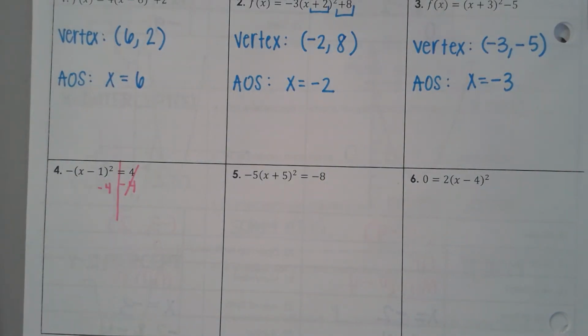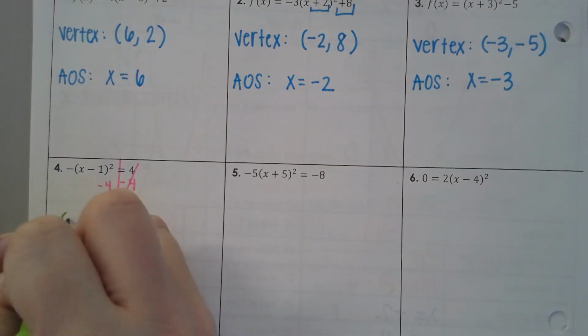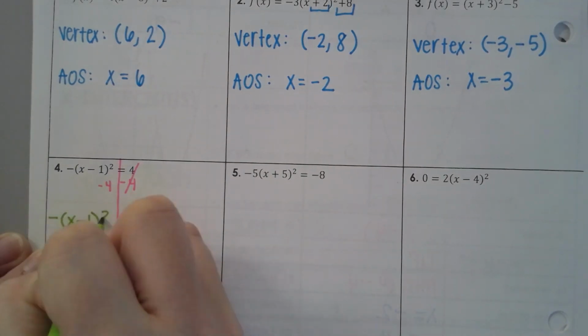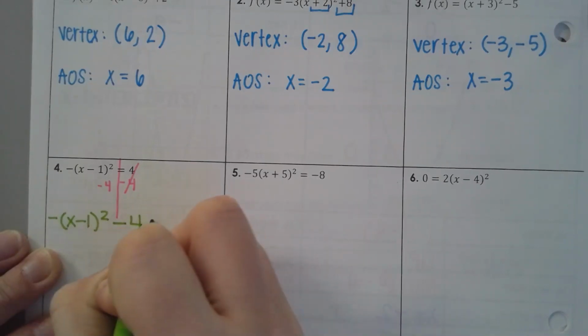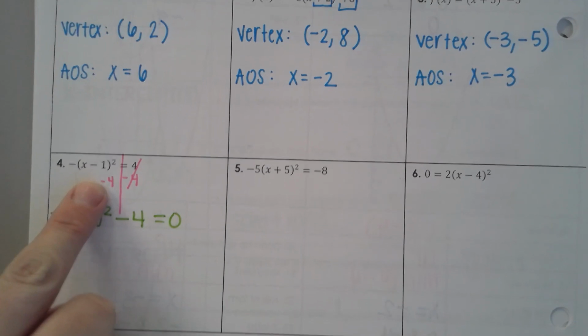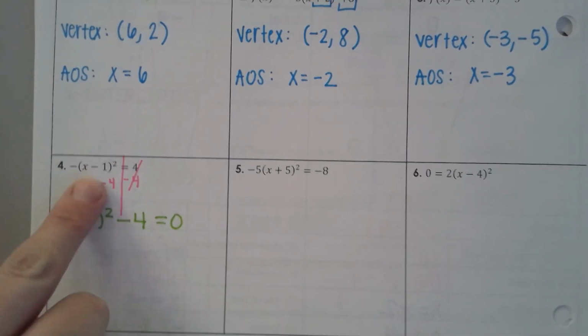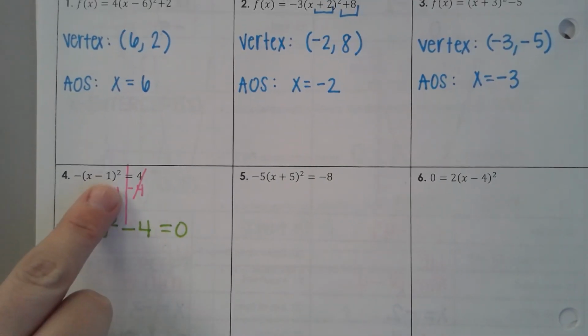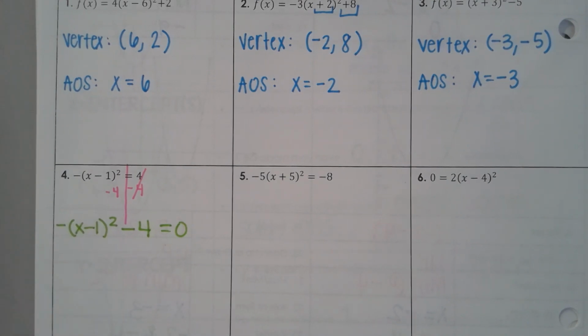And it becomes negative x minus 1 squared minus 4 equals 0. I cannot do negative 1 minus 4 because the negative 1 is in the parentheses and it's being squared, and you just can't do that. So you just write the minus 4 at the end.